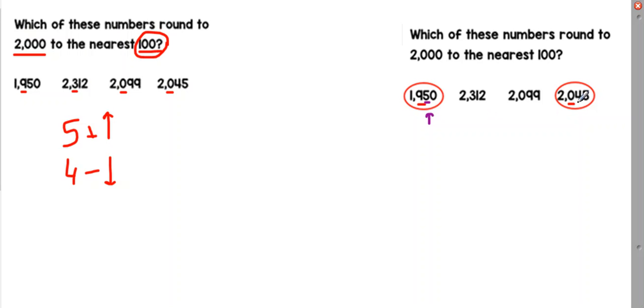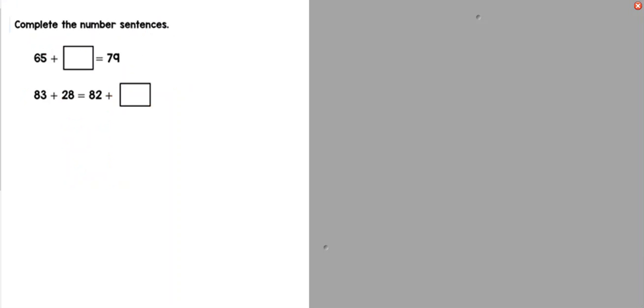Whereas in this one you've got a 4, which means you would round down. Okay, in these two you have got a 0, but then you've got a 9, so it would round up, and the same for this one. Okay, let's move on.